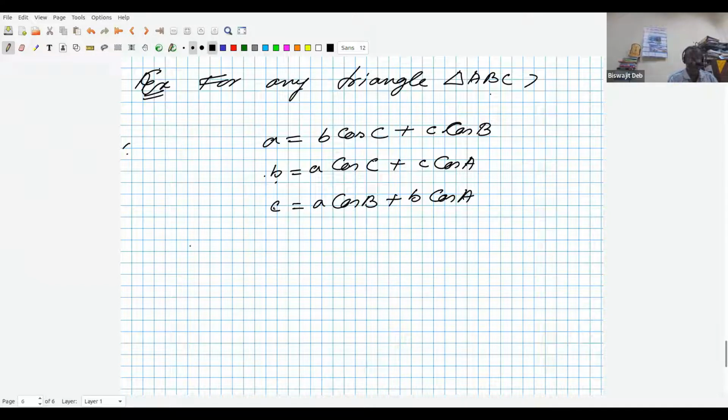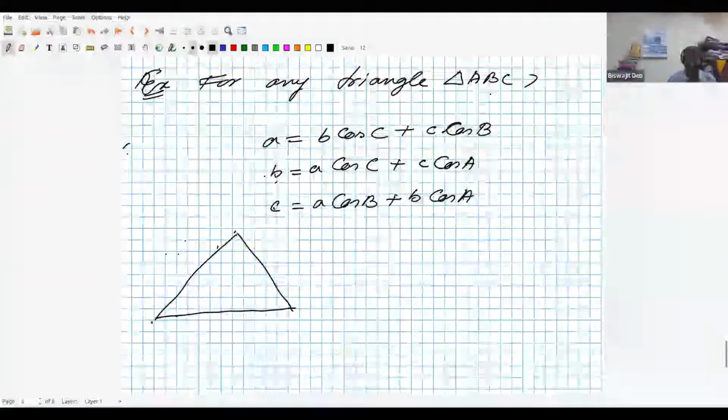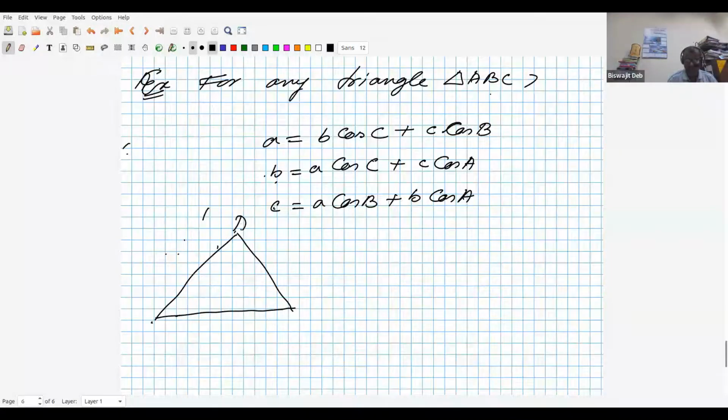Let us take a triangle like this, A, B, C, and drop a perpendicular AD from A to BC.